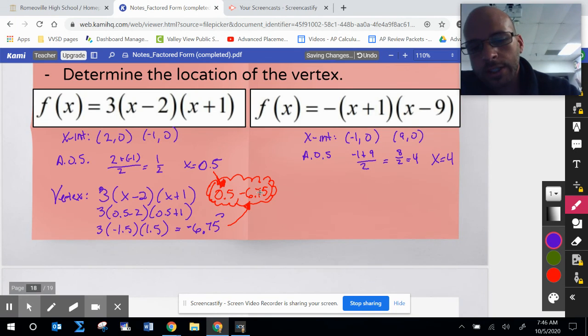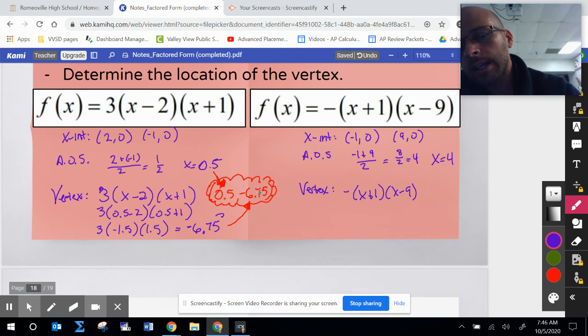Now to find the vertex, we are going to take the function, so negative x plus 1, x minus 9, and we are going to substitute in 4. So that gives me a negative times 5 times a negative 5.